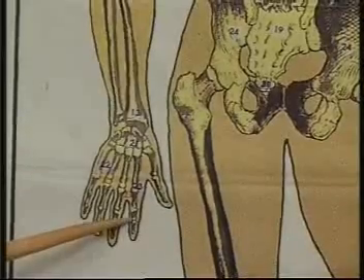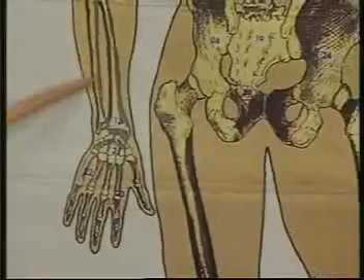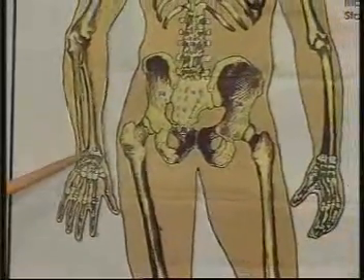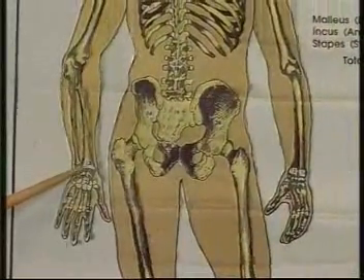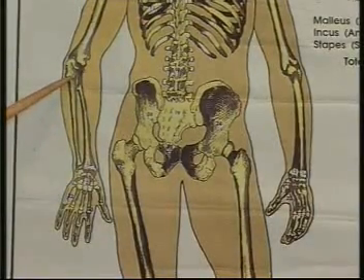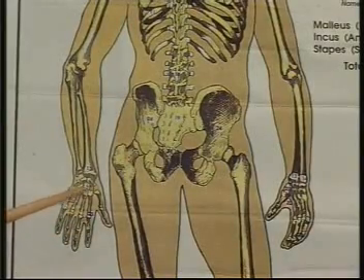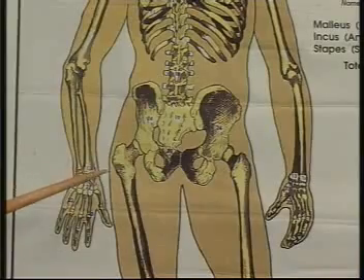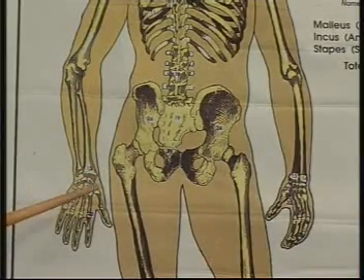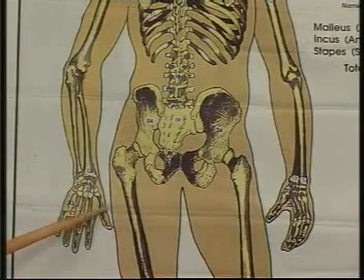The fourth type of joint, that is the gliding joint, the examples of it are the radius and the ulna. Here the bones glide over each other at the place of joint, that is here and here. Another example is the carpal bones. The next type of joint, that is the saddle joint, the example of it is the metacarpal of the thumb and the carpal of the thumb.